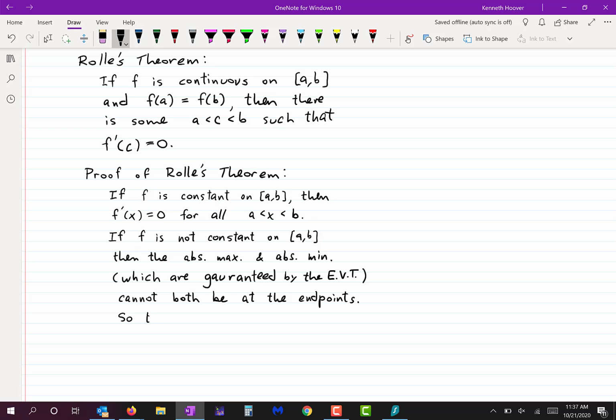So there must be some c between a and b where f of c is the absolute max or the absolute min.